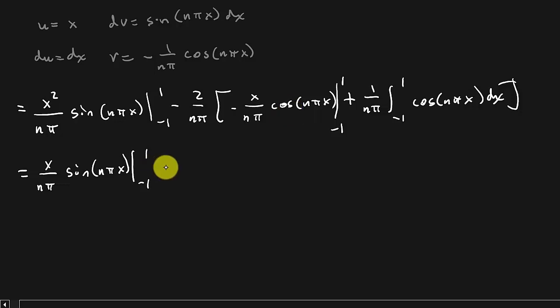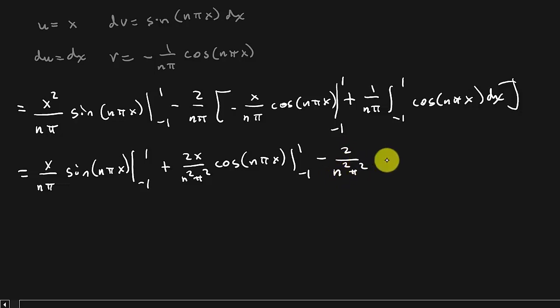So when I distribute that, I'm going to get plus 2x over n squared pi squared cosine n pi x from -1 to 1 minus 2 over n squared pi squared from -1 to 1 cosine n pi x dx. So all I did was distribute this number out here. That's all I did.